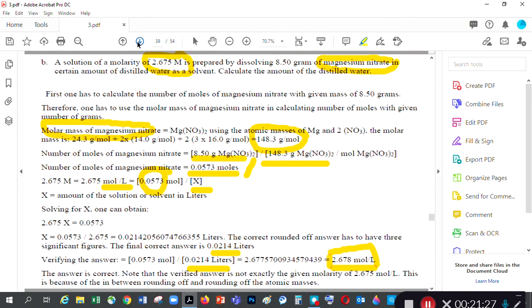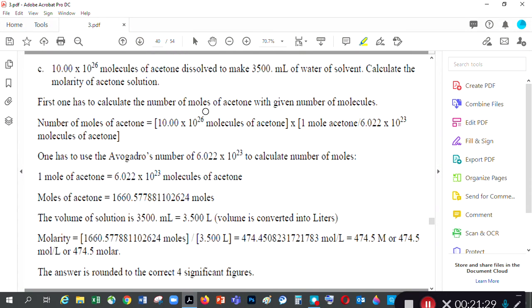Okay, so let's go further. Now, suppose in some problems you will not get the number of moles directly. Indirectly, you have to calculate the number of moles. So suppose you get the number of molecules of the solute, dissolved to make 3,500 milliliter of H2O solvent, correct?